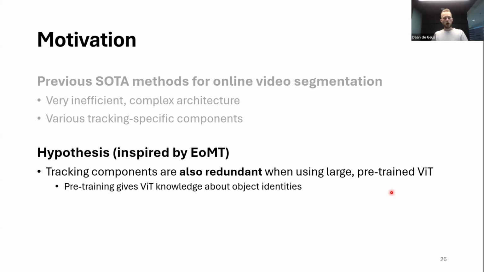And empirically, we found that pre-trained vision transformers like DINOv2, if you feed them two images taken at different locations but with the same object, then they produce very similar features for this object, allowing us to basically re-identify this object. And this re-identification is exactly what we need for video segmentation.